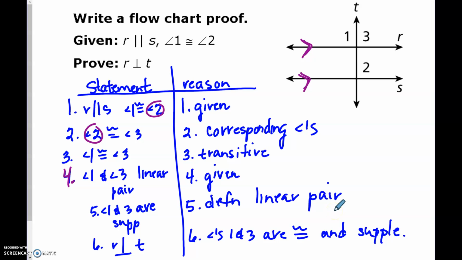Now we can say because 1 and 3 are both congruent and supplementary, that means that T must be perpendicular to R. So that's step 6. R is perpendicular to T because 1 and 3 are congruent and supplementary.